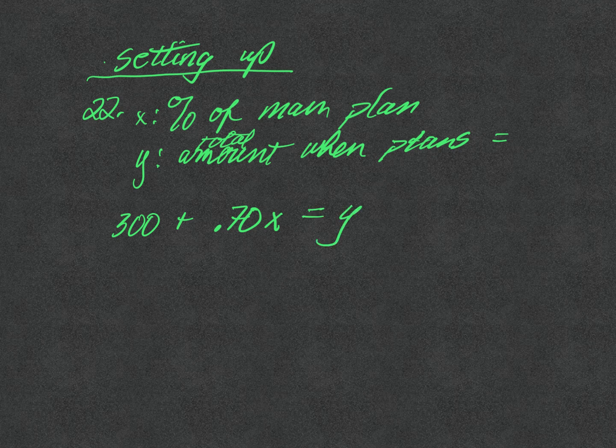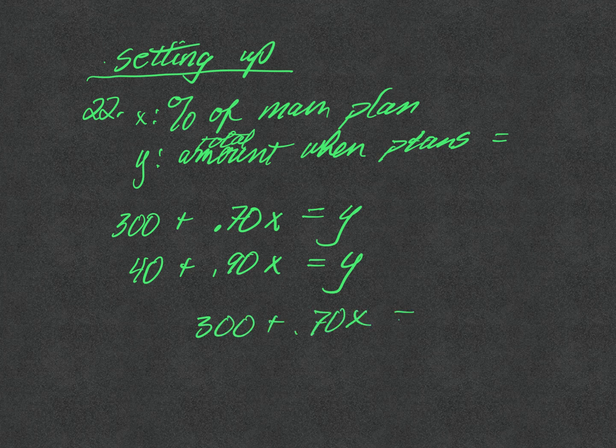The other one, you spend $40, but then you pay 90% of the amount, and then you're going to spend up to Y. Now notice the plans are equal. This is a perfect one for substitution since they're each solved for Y. All you have to do is set these equal to begin to solve it.